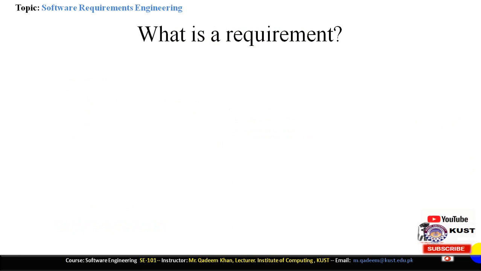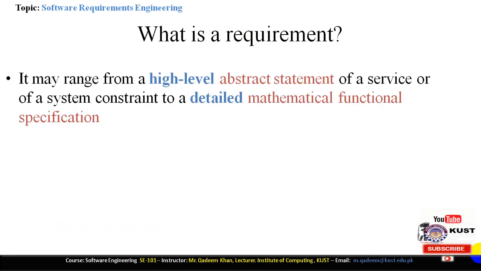Now, what is the requirements? Requirements is in fact a high level abstract statement or a high level abstract document which contains the services for which the systems should be developed. So it is the abstract statement of a service or a system constraints.